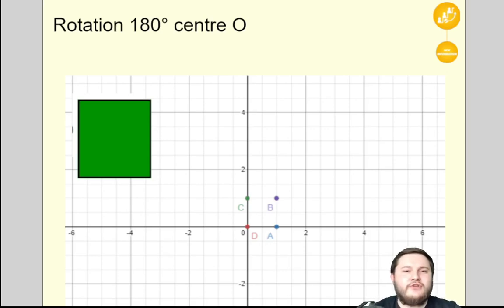Okay, what about a rotation of 180 degrees about the centre then? Well, D is the centre of rotation, so that's going to stay where it is. It's invariant. This coordinate is going to appear on the other side, because if you rotate something 180 degrees, it's on the other side.